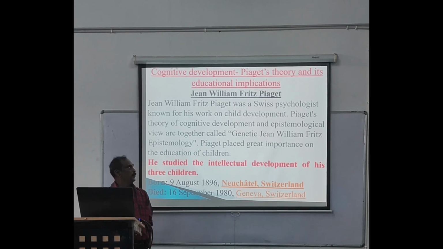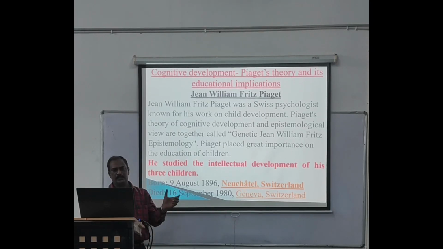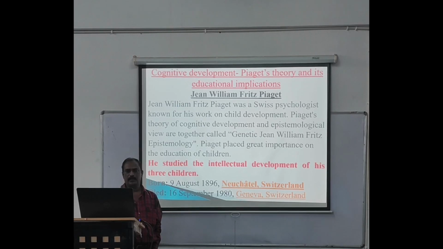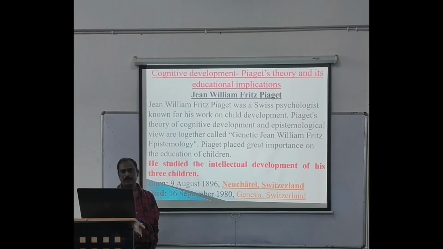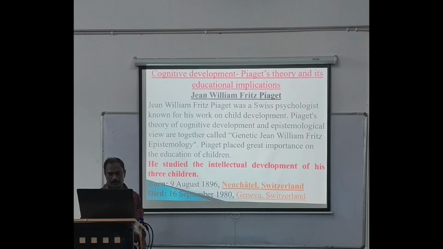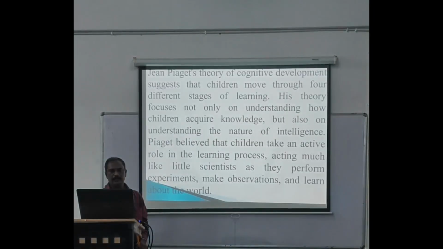So epistemology is the study of knowledge, and cognitive development is related to knowledge. So Piaget's theory of cognitive development and epistemological view are together called, after his name, genetic epistemology.